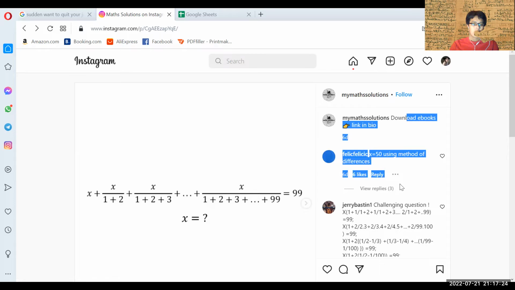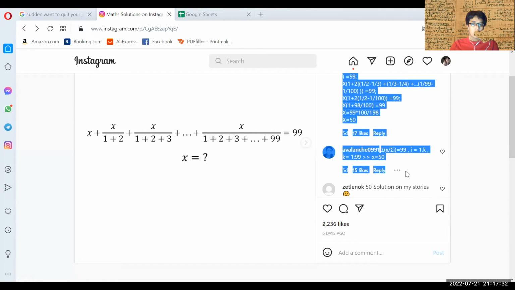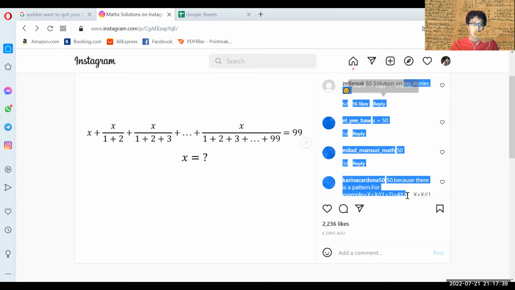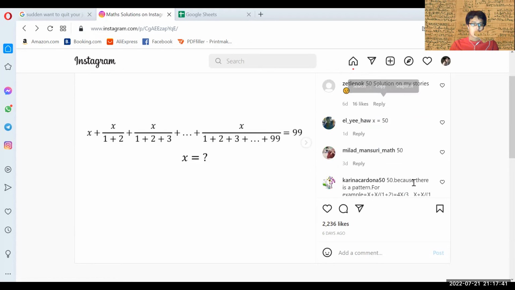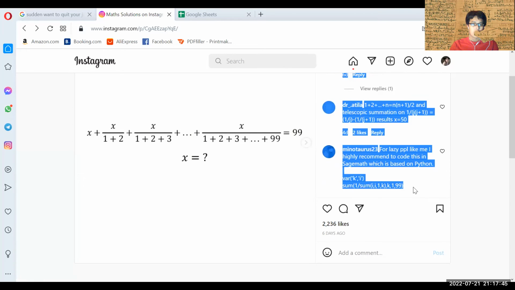Everyone, I would say most of them get 50 as well. Some of them actually gave a different solution. But at least the one that I showed just now is the one that I actually attempted to prove. So yeah, these are all the responses to it.